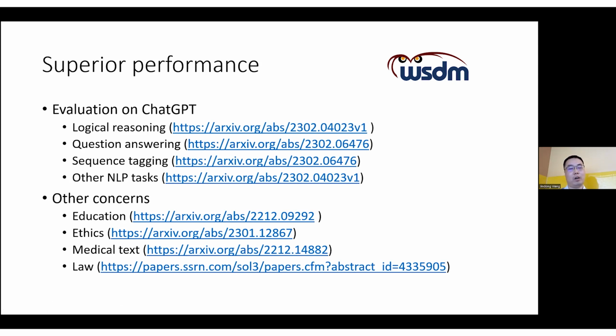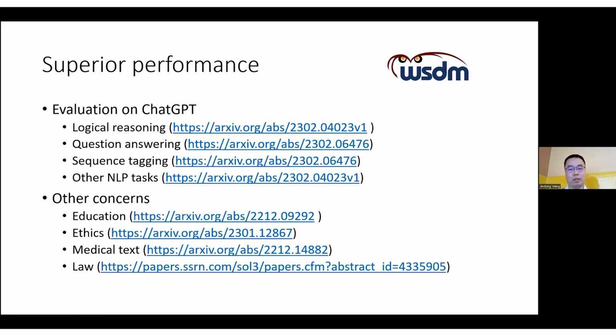You can see almost every day there is at least one new paper about ChatGPT, which is really competitive in this area, right? But with the success of ChatGPT, there are also other concerns, like in education, in ethics, in medical text, and even in law. A lot of experts in different areas just expressed their concerns or their thoughts on ChatGPT.